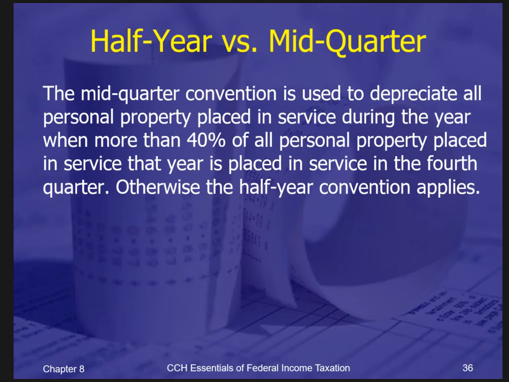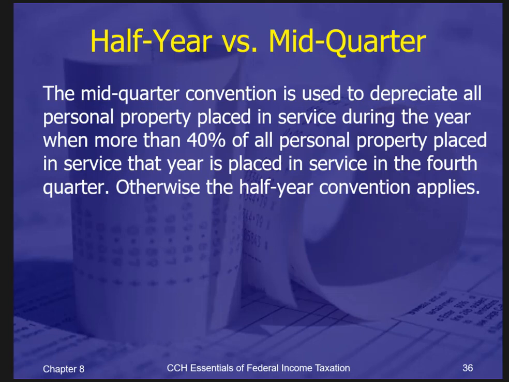When do we have to use it? We'd only use the mid-quarter convention if we had to, right? I mean, it's more work and everything. But the tax law says that if you put more than 40% of the total personal property, now real estate doesn't count, only personal property, in the fourth quarter.